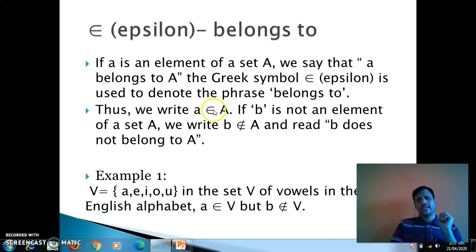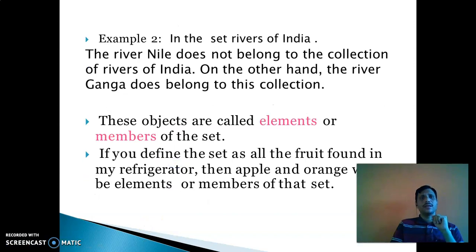Thus we write a ∈ A. If b is not an element of set A, then we can write b ∉ A. Example, V is equal to {A, E, I, O, U}, that is the set of vowels in the English alphabet. A belongs to V, but B does not belong to V. We can also say E belongs to V, but F does not belong to V.